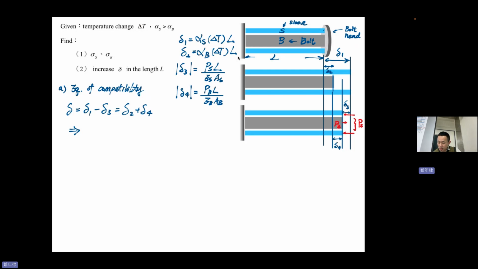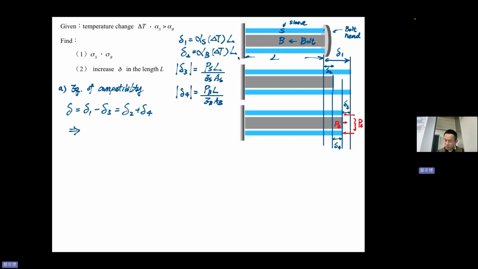Delta 4 is another one, PBL divided by EBAB. And delta 3 and delta 4 here, I give absolute value, meaning we just focus on the absolute value, because we know which one is compression and tension. Okay, so equation of compatibility.